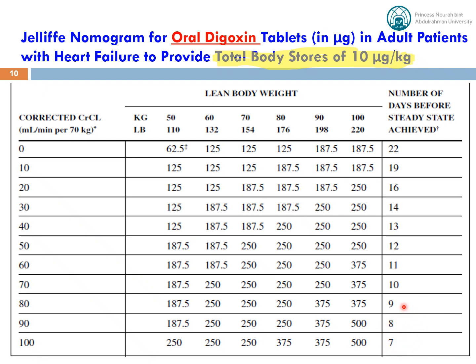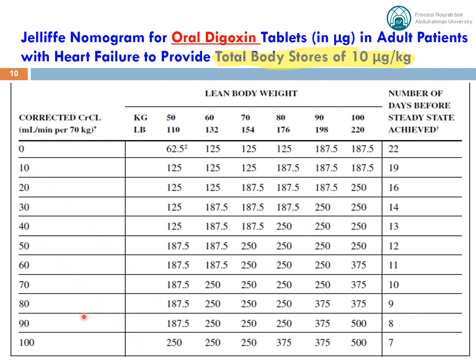So 5 by 2 days equals 10 days. Look at this. For the patient with nearly normal functionality, steady state concentrations could be achieved after 7 days. As the patient is more diseased, kidney dysfunctionality is increased, he has kidney problems, look at this, 22 days to achieve a steady state concentration for that patient.